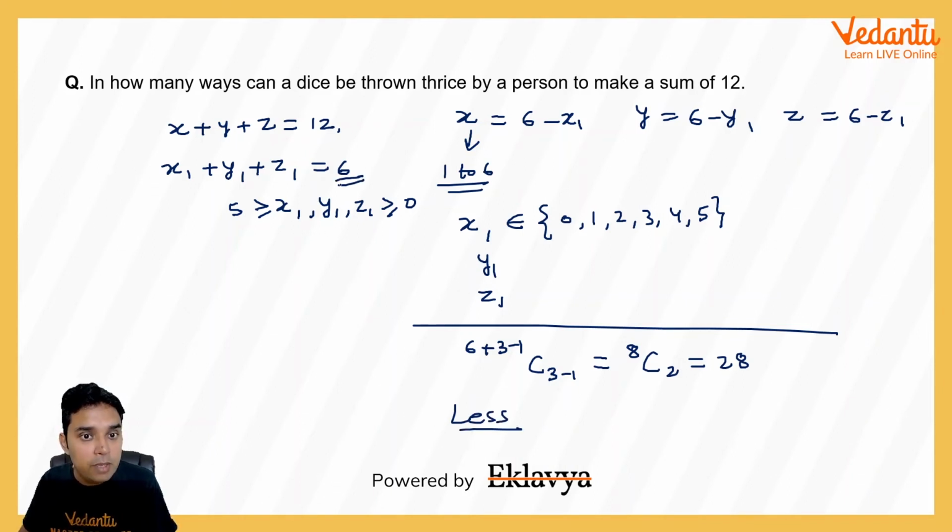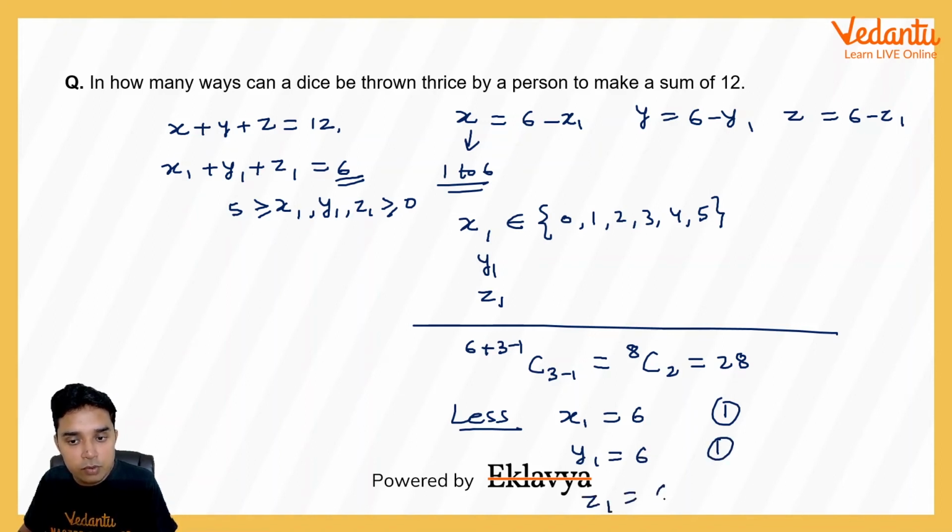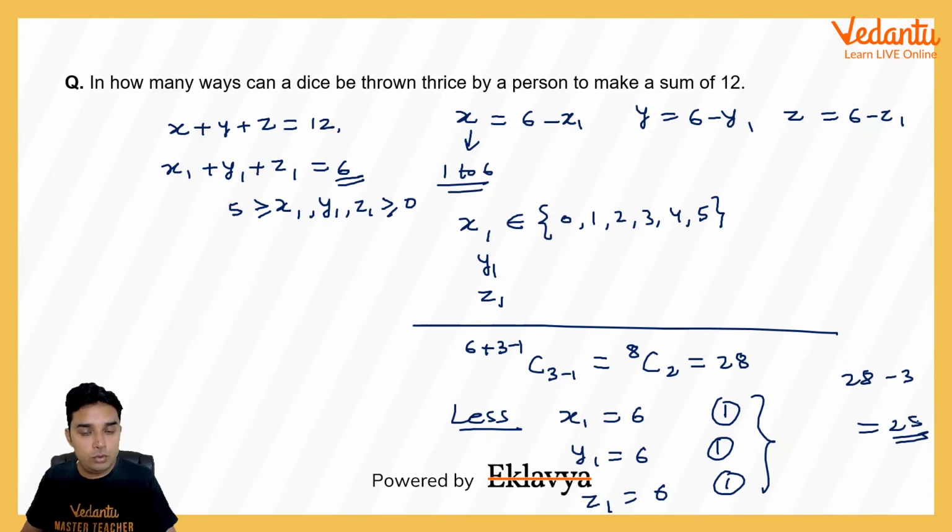You can see because their sum is 6 and x1 is less than or equal to 5, there will be only one case when x1 will be equal to 6. Similarly, one case when y1 will be equal to 6 and one case when z1 will be equal to 6. So we have to subtract these 3 cases from this 28 and you can check we are getting the same answer from this method also.